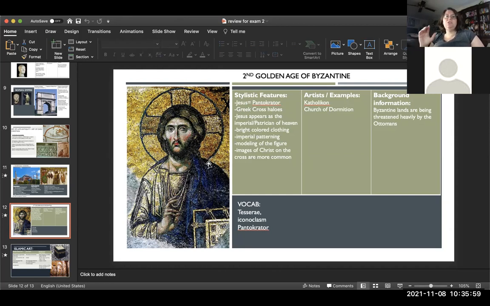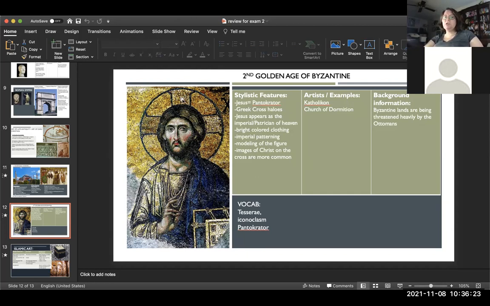So really you get two images of Jesus squished into one face. One's the sort of kind image of Jesus. The other one is sort of this concerned and judging image of Jesus. The hand being raised here is a sign of benediction, which just is a blessing sign.